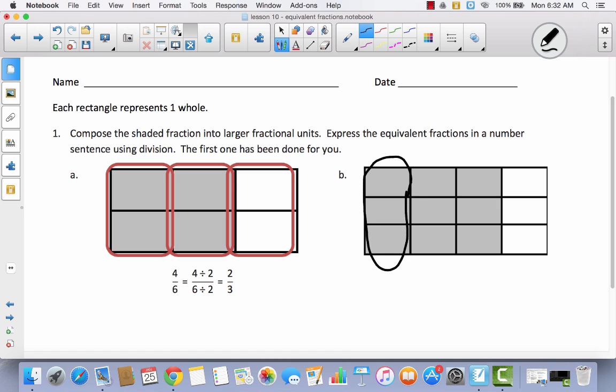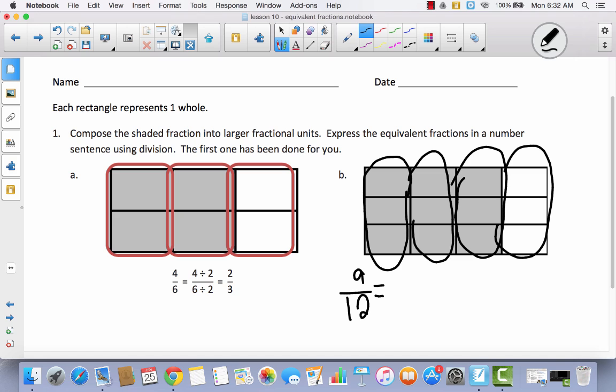I can make a group of 3 here, a group of 3 here, a group of 3 here, and a group of 3 here. So I started out with 1, 2, 3, 4, 5, 6, 7, 8, 9 out of 12, because if I count all those, they would be 12. And I put these into groups of what?